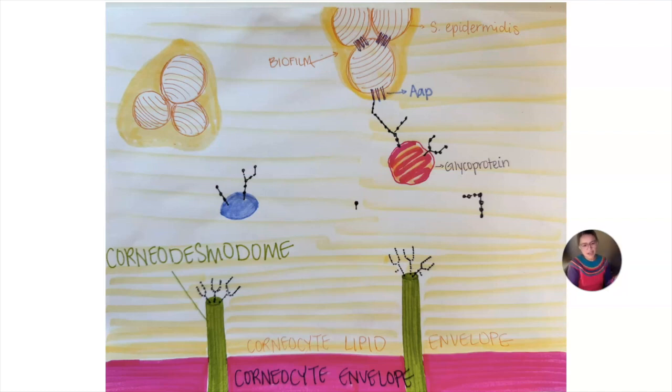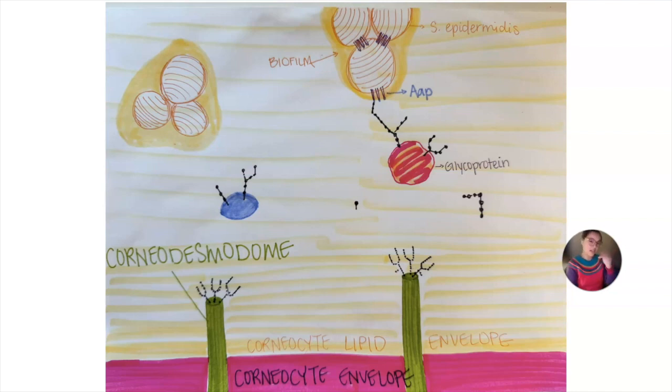Basically, they found out that the surface of these dead skin cells still has a variety of different glycoproteins, proteoglycans and glycolipids that offer a variety of different binding sites.